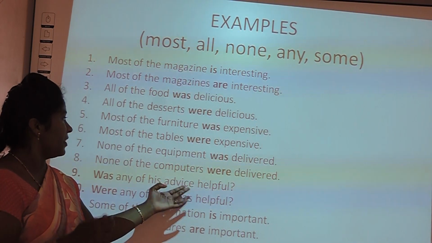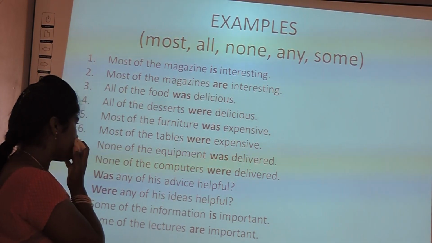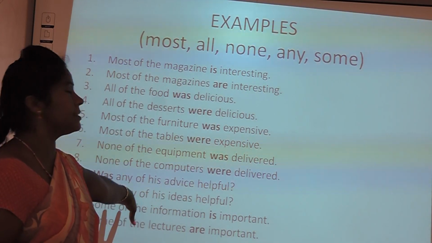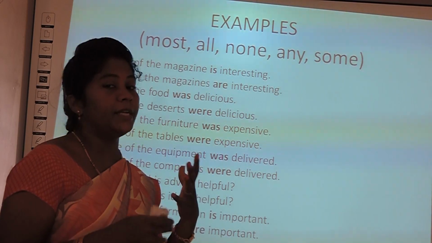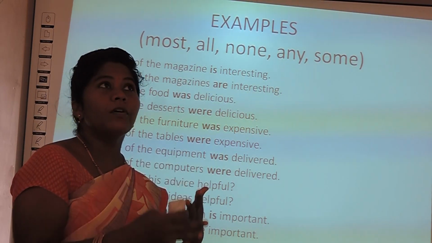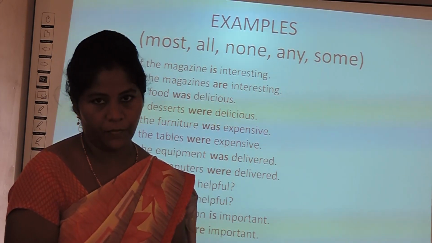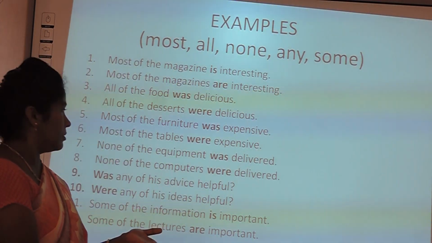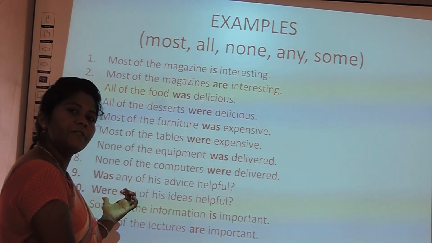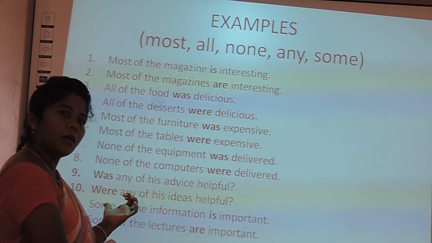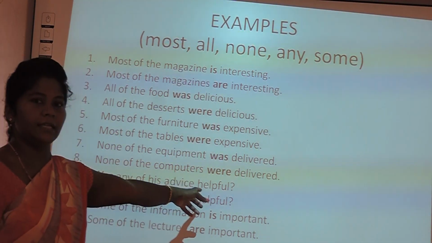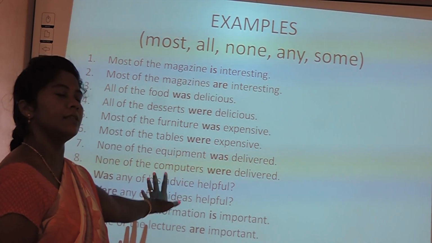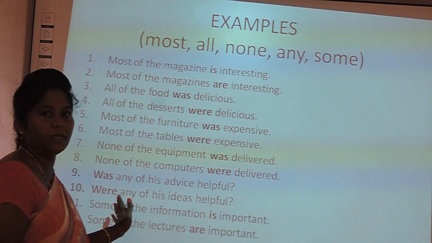Was any of his advice helpful? Now, keep in mind that, as I told you, it is not the word that follows the indefinite pronoun. The sentence itself is starting with the verb. Why is it so? Because it's a question sentence. These two are question sentences, and in these sentences I have started the sentence with the verb itself.